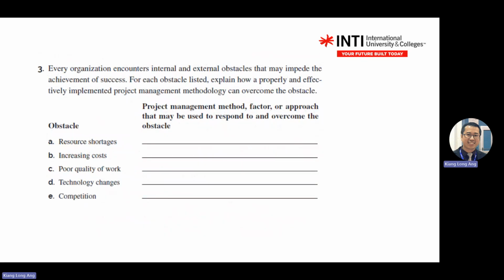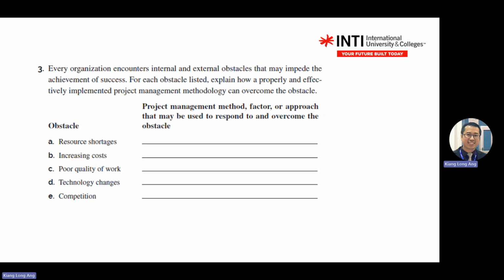Number three, every organization encounters internal and external obstacles. For each of the obstacles listed, so I think it's long, right? There are five obstacles here. Explain how a properly or effectively implemented project management methodology can overcome them. So the first one, resource shortage. The second one, cost, work quality, technology change, and competition.